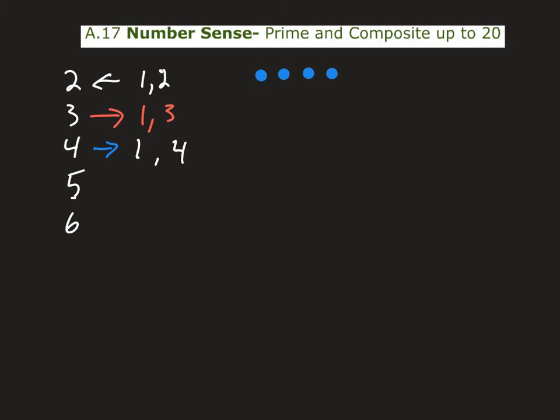Those are factor pairs. There's actually another way to do this, though, which most of you probably know. If I wanted to, I could also do a 2 by 2. And this actually creates another fancy term that we refer to as a square number. We call it a square number because its array looks like a square.